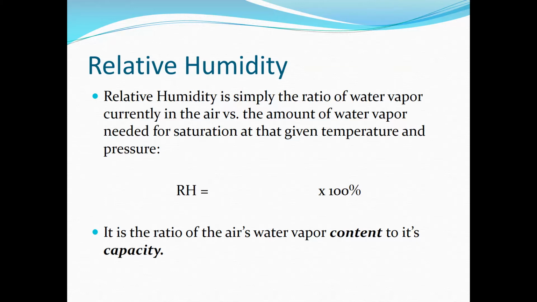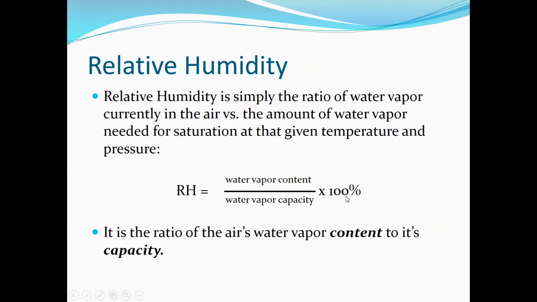The reason why is because it's a ratio. Relative humidity is the ratio of water vapor content, which is how much water vapor is in the air, divided by water vapor capacity, how much water vapor can be in the air, multiplied by 100%.